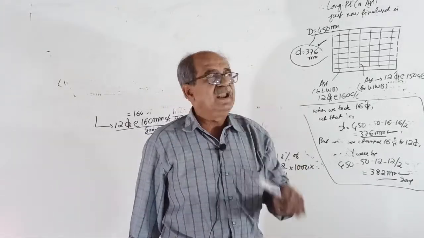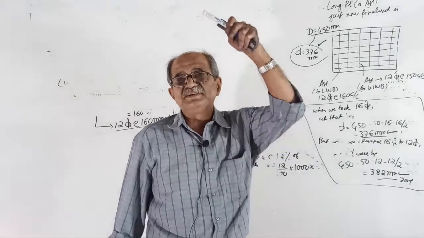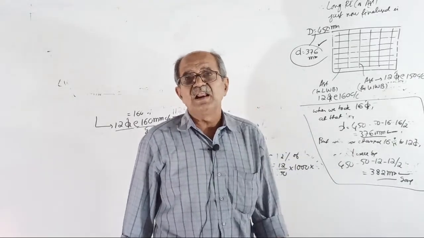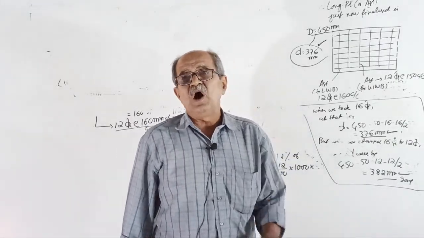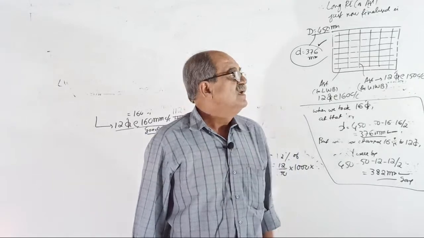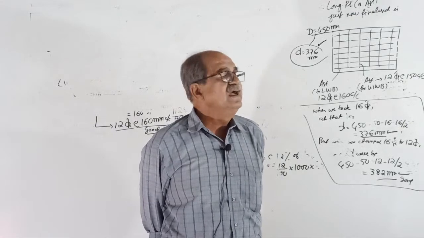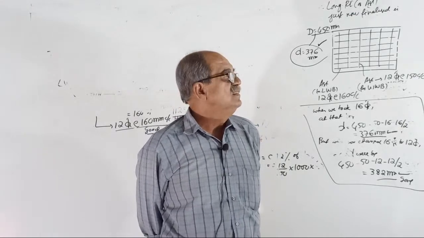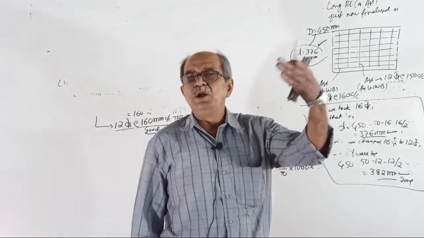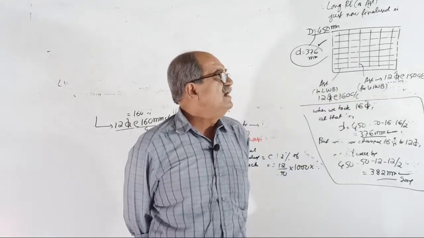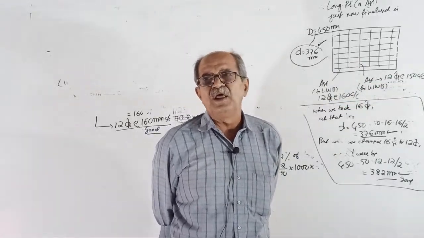ETABS will take care. But the next step, check for shear. What shear? Shear causing diagonal tension. I don't know why ETABS people decided not to include it. They told, let them only do it. They decided, no, we are not programming.